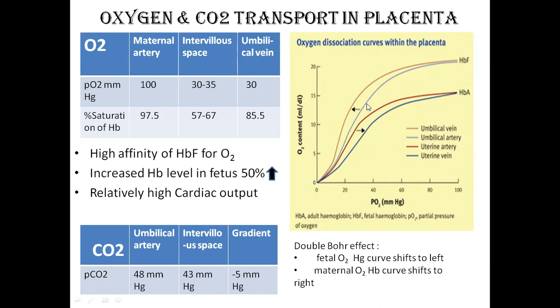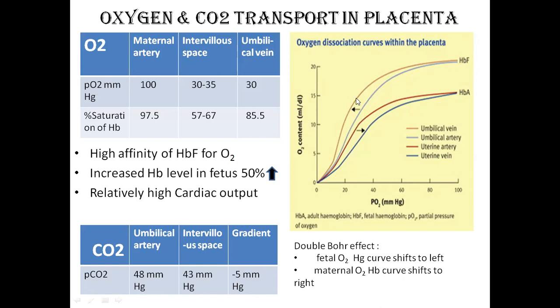So carbon dioxide is given to the maternal intervillous space or the maternal blood. So here there is a relative lack of carbon dioxide or relative increase in pH. This decrease in carbon dioxide concentration or relative rise in pH leads to a shifting of the oxyhemoglobin dissociation curve of hemoglobin F. So in the fetus it is towards the left.